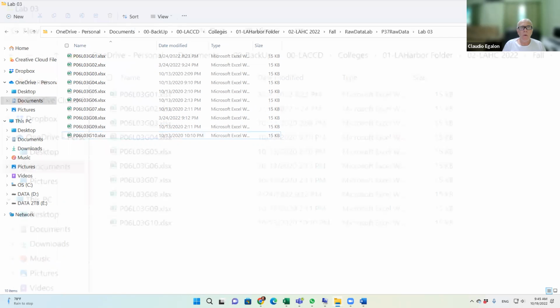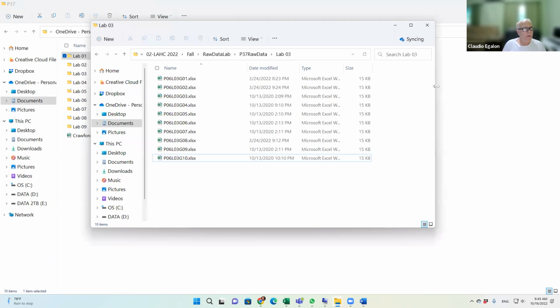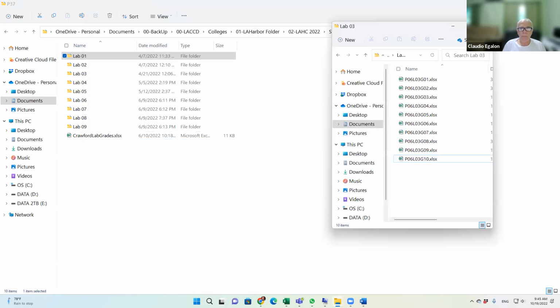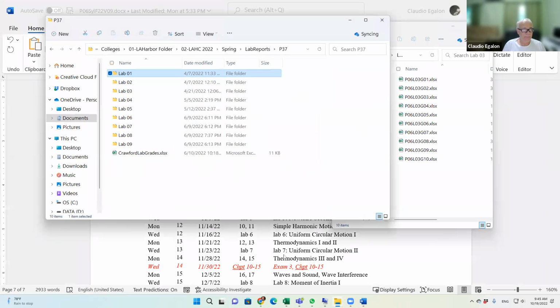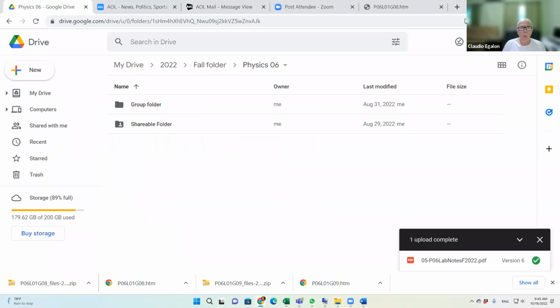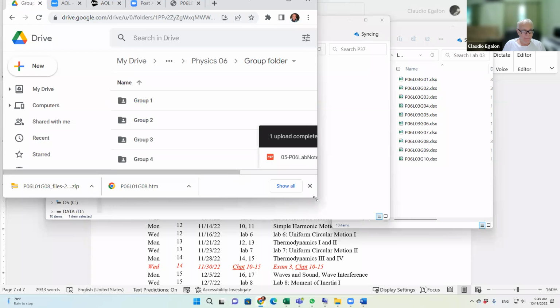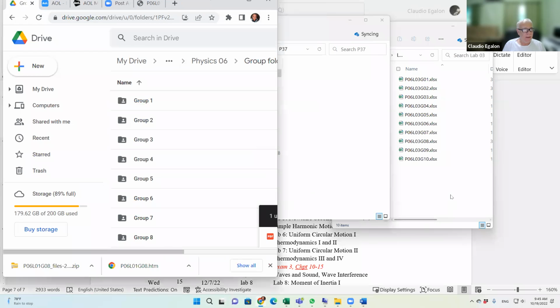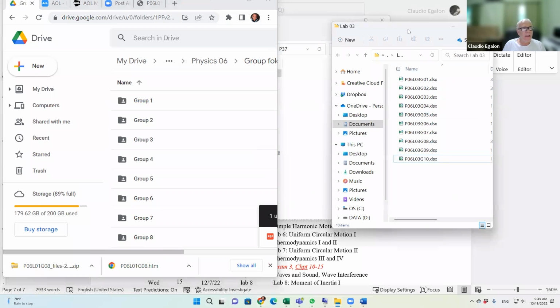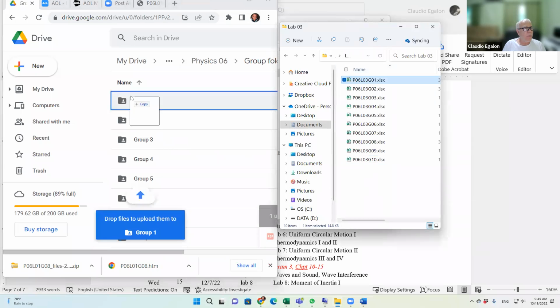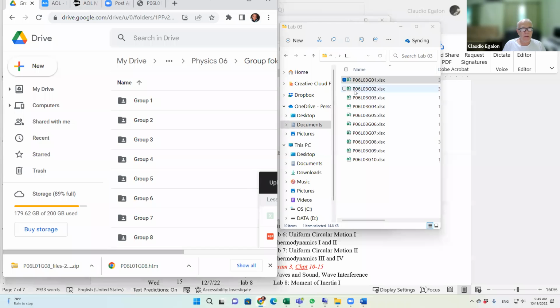Now I'm going to upload this data for the 3rd experiment. Okay, group 1, you have the spreadsheet for the 3rd experiment.